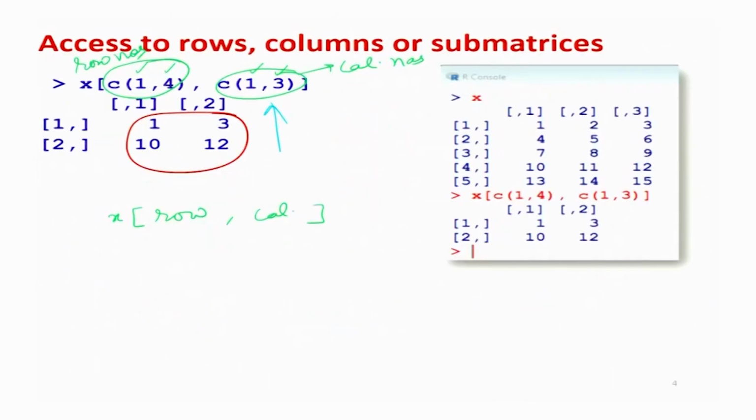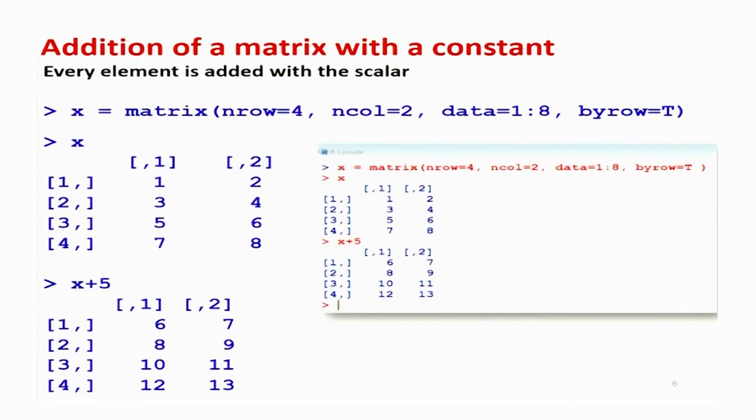Right. Okay. So, now we consider some more operations, and we come to some mathematical operations. We are first going to consider a mathematical operation related to a scalar and a matrix. So, suppose I want to know what will happen to a matrix when a scalar is added.